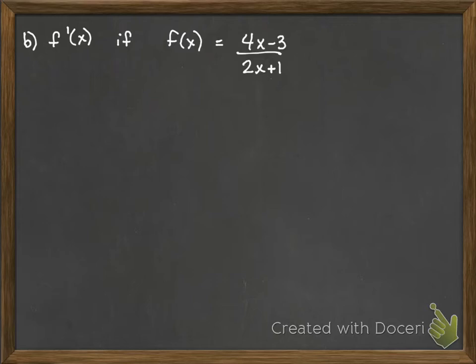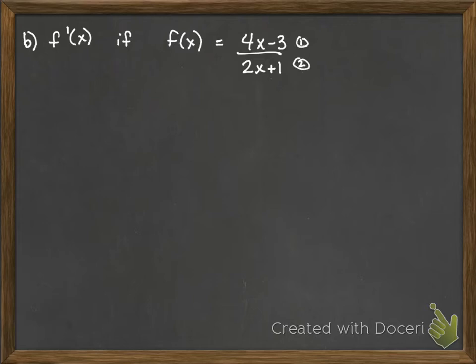See what part B looks like. So we're trying to find f prime of x if, this should say f of x, that's a typo there on part B, f of x is equal to 4x minus 3 over 2x plus 1. So again, here's my 1, here's my 2.